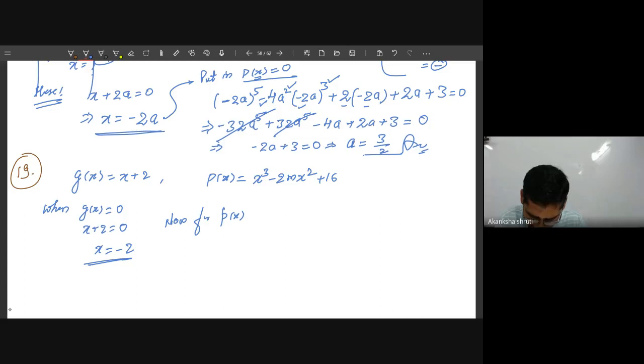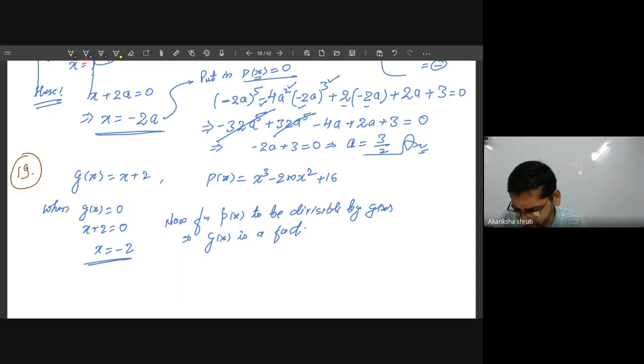Okay, so p(x) to be divisible by g(x) means what? g(x) is a factor of p(x). Students, whatever value of x we have obtained from here, x equals minus 2, that can make this p(x) equal to 0.